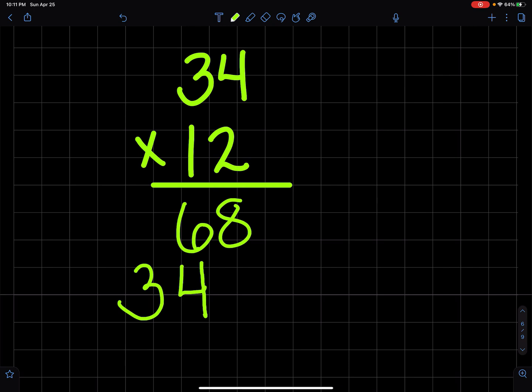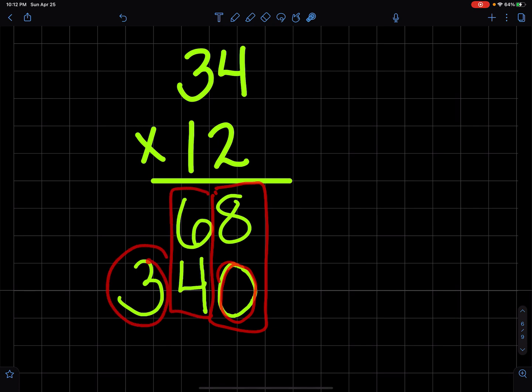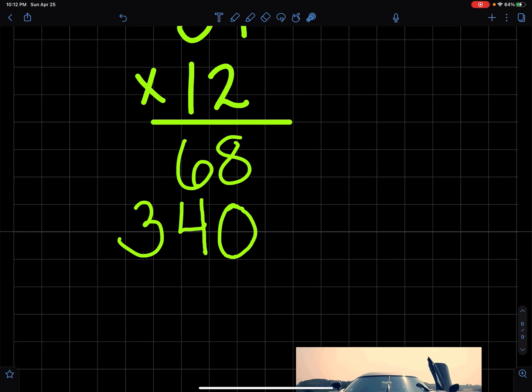And I write it here. But you could just think 34 times 1 and do mental math and write it there. Now, we just did 34 times 1 and we got 34. But the 1 is in the tens place. And so what you really need to do is add a 0, because what we're really doing is 34 times 10. So adding this 0 is super important because that keeps your places in line, the ones, the tens, the hundreds, and then you can add them together.